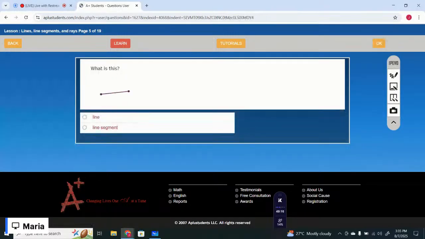What is this? This is a line segment. Option number two is the correct option.